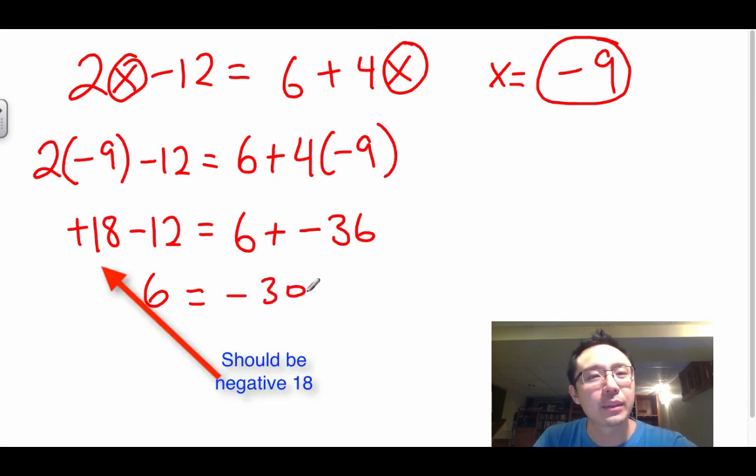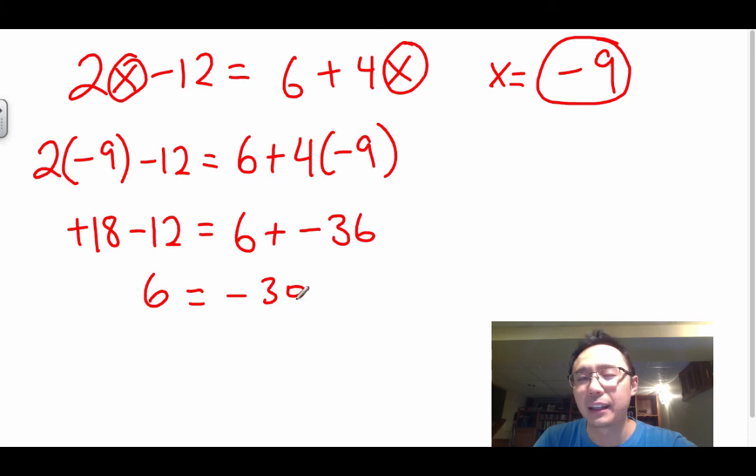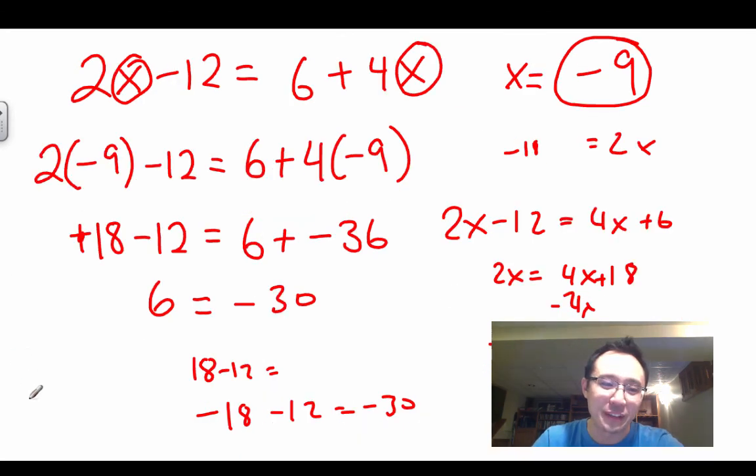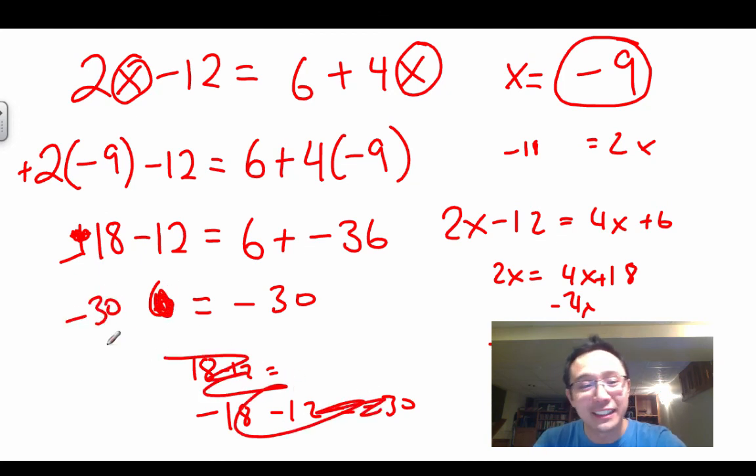So you can see there's something wrong here. Hold on a second. You can see from the previous one, this should have been negative 18, because positive 2 times negative 9 is negative 18. This should be negative 30. And finally, negative 30 is equal to negative 30.